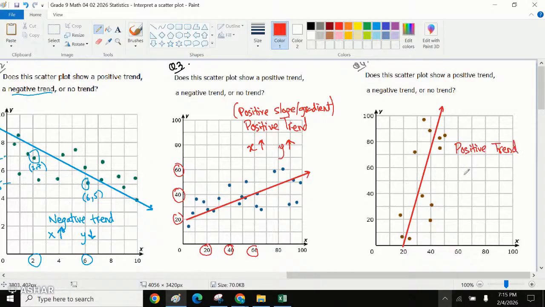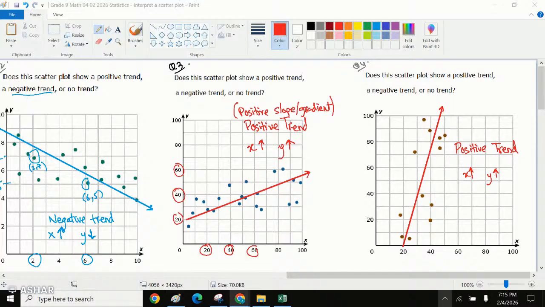That means if x was increasing, y was also increasing, right? When both the variables are increasing, a positive trend. When they are reverse of each other, one increasing, one decreasing, a negative trend, right? And if one variable does not change with the change in the other variable, that means it's a neutral, no trend. Okay? Moving ahead to the next question.